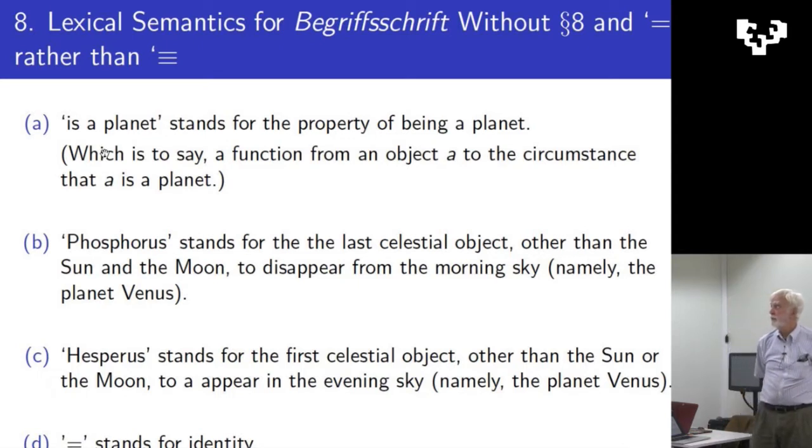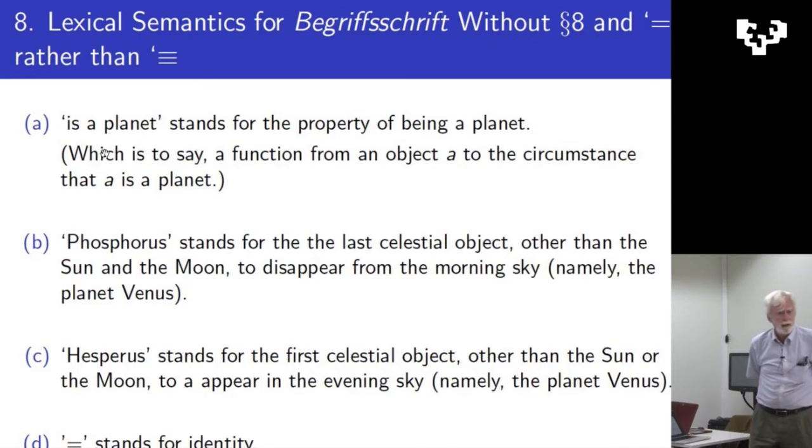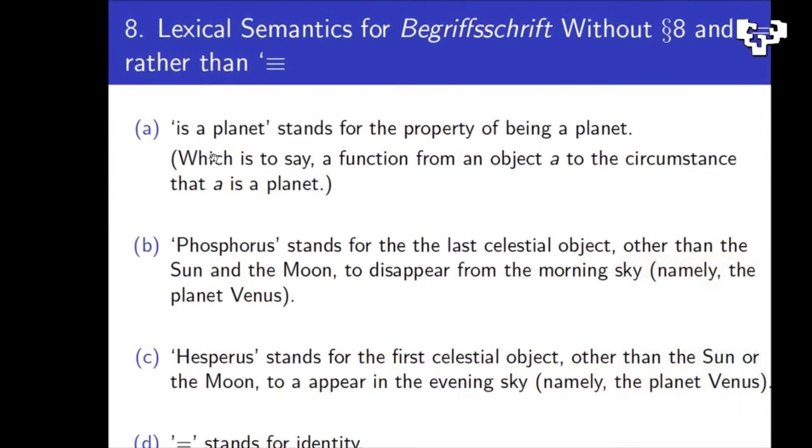Now let's go back to the Begriffsschrift, and let's do something that Frege doesn't explicitly do, but he was one of the first to obviously think clearly about, namely the difference between syntax and semantics, and the difference between what we might call now lexical semantics and compositional semantics. Because he gives us the answers to the questions.